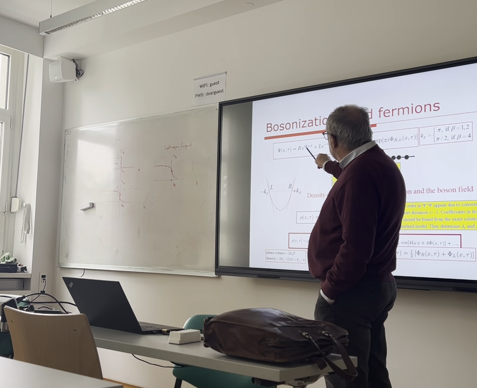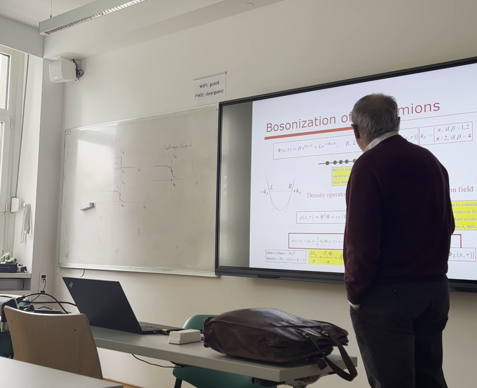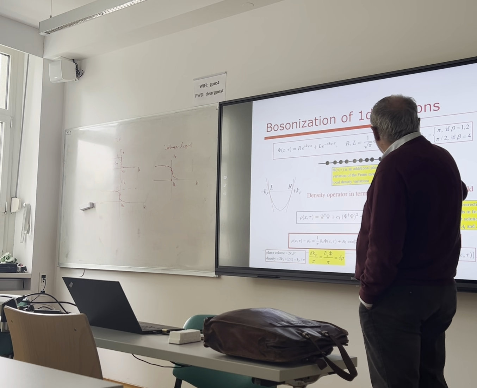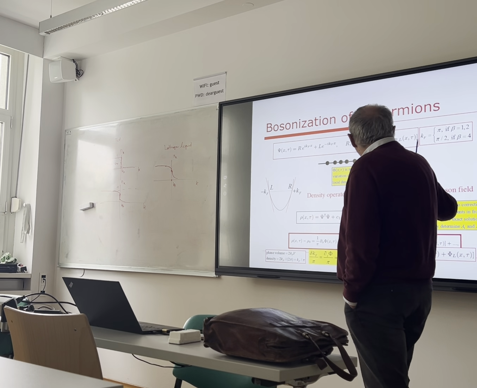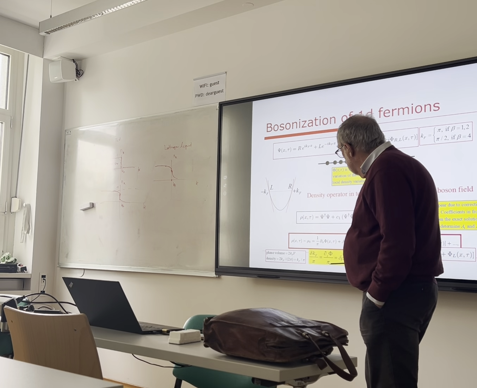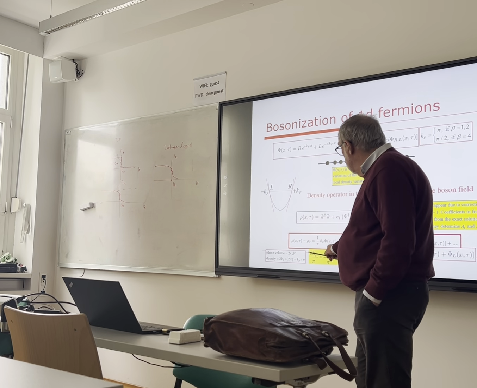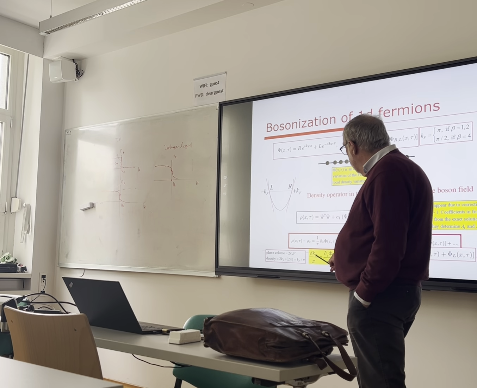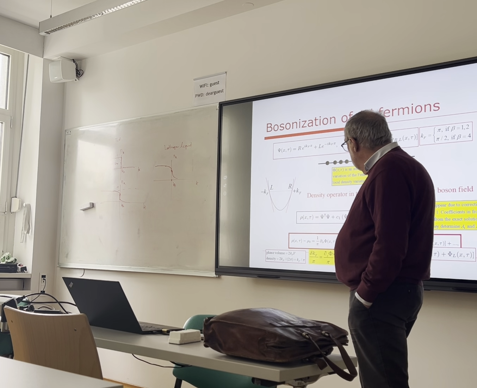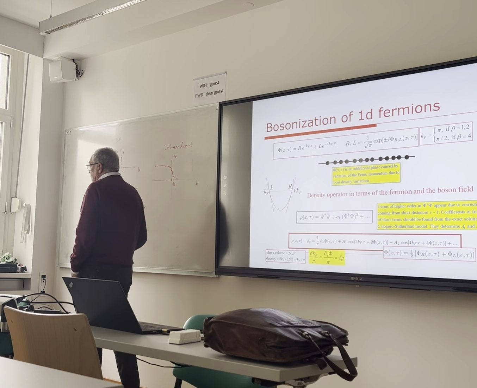It is just the derivative with respect to x of these fields. So the addition to the Fermi momentum is the derivative of phi with respect to x. And then the derivative of phi really corresponds to the variation of the Fermi momentum, and the variation of the Fermi momentum divided by pi is the variation of the density.